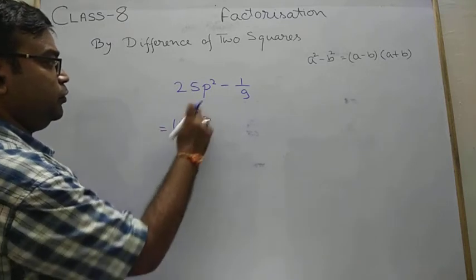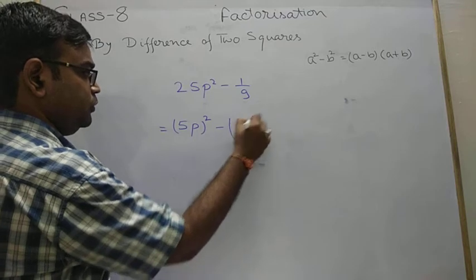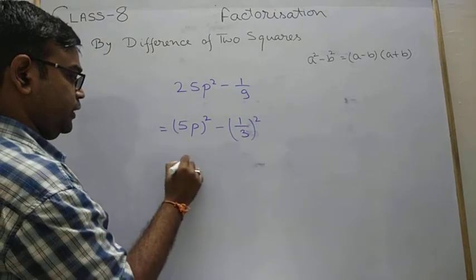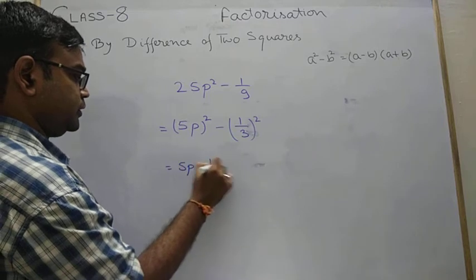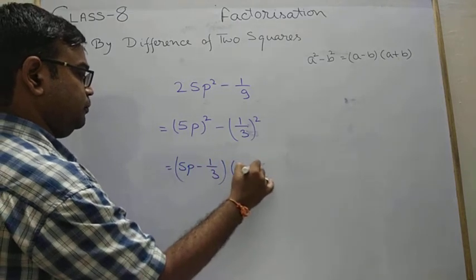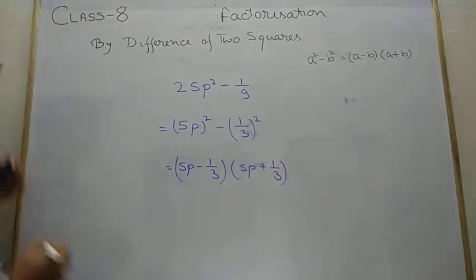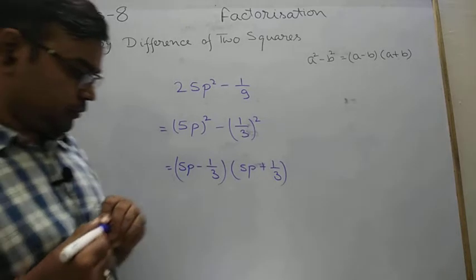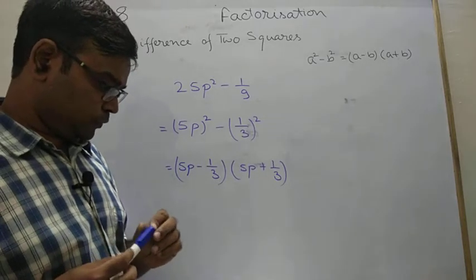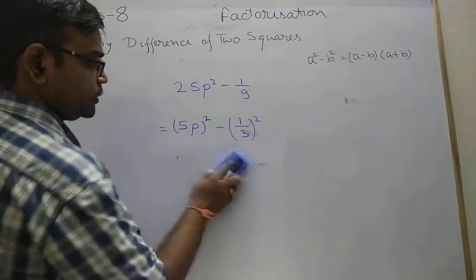Now 5p whole square minus 1 upon 3 whole square, 1 square is 1, 3 square is 9. We can write down 5p minus 1 upon 3 and 5p plus 1 upon 3. Okay, one more question we can discuss.